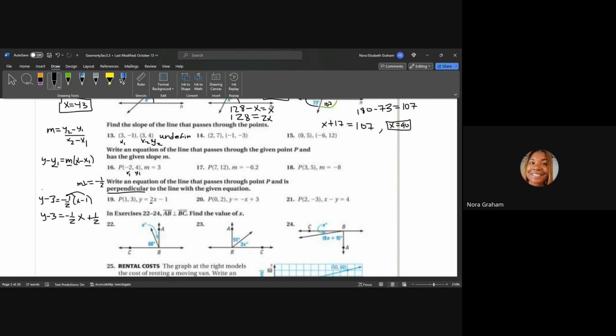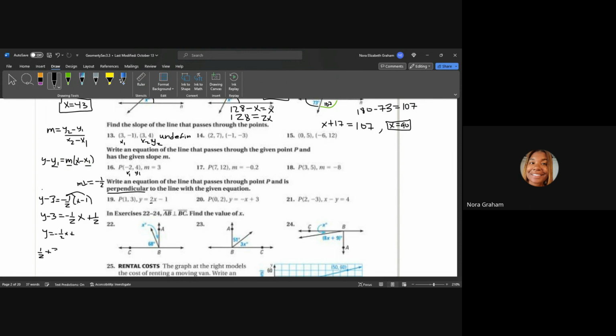Then I'm going to add the 3 to the other side. So then I'll have y equals negative 1/2 x. We're going to have to do some fraction work. Plus, I'll do the fraction work down here. So I have 1/2, and I'm adding that 3 to both sides.